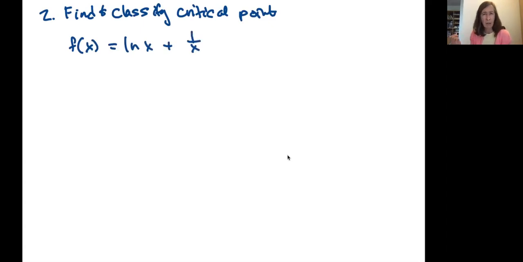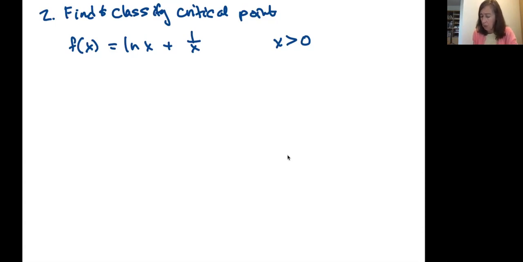Where we have logs, we want to remind ourselves that the domain is not the whole real line, it's just the positive numbers. Even without the log, we'd notice that this function wasn't defined at x equals 0; the log ruled that out as well. So we're only looking for the critical points that are in the domain of the function.